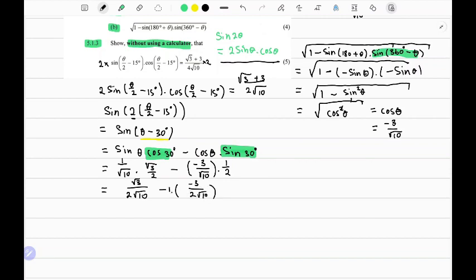So if you multiply in, you get root 3 over 2 root 10 plus 3 over 2 root 10. The denominators are the same, so you add the numerators, root 3 plus 3, over 2 root 10. And if you go back to the top, this is what we have here. You can of course divide by 2 to go back to the original.